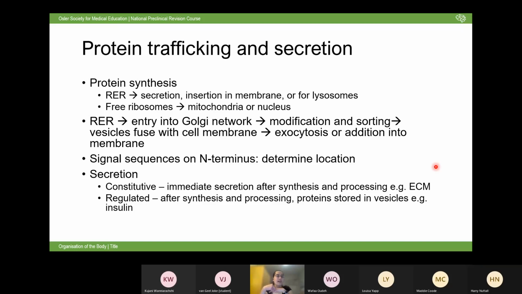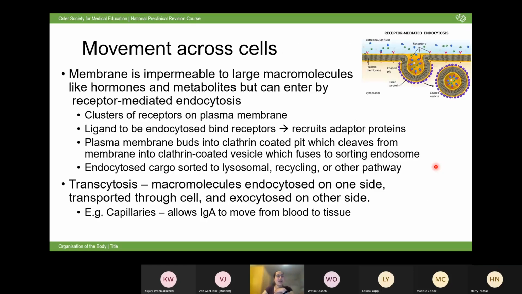Whereas hormones are classically secreted by regulated secretion because it will happen in response to a particular trigger. So insulin, in the beta cells in the pancreas, will be produced and stored, and then when there's high glucose, that will cause the release of insulin. So that is an introduction to trafficking.